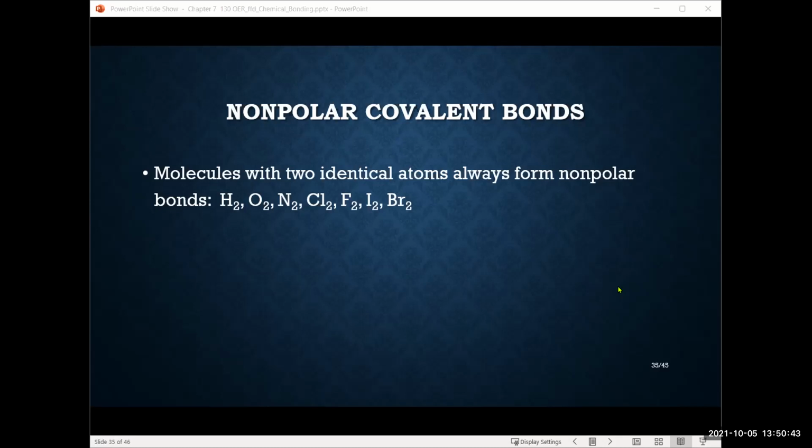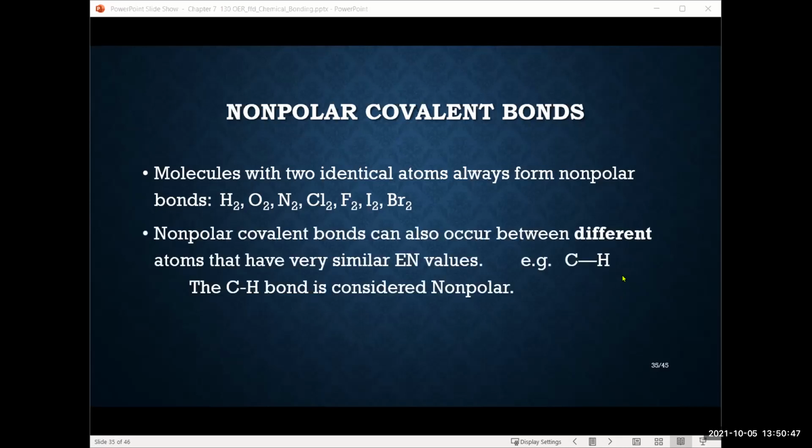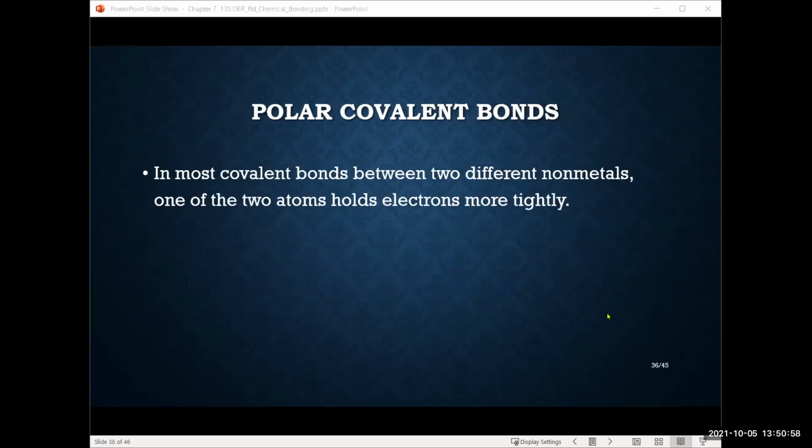All of it is related to the bonds and the type of bond it has, okay? So it's all tied together. Again, another nonpolar species is the carbon-hydrogen bond. So it's considered to be a nonpolar bond, okay?